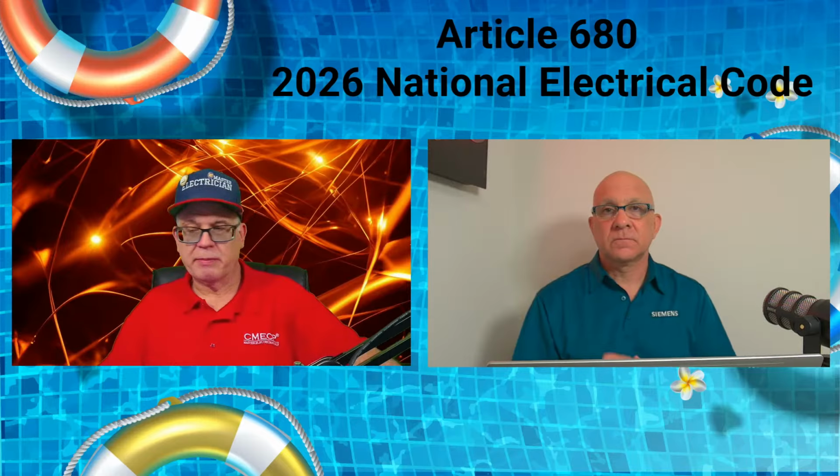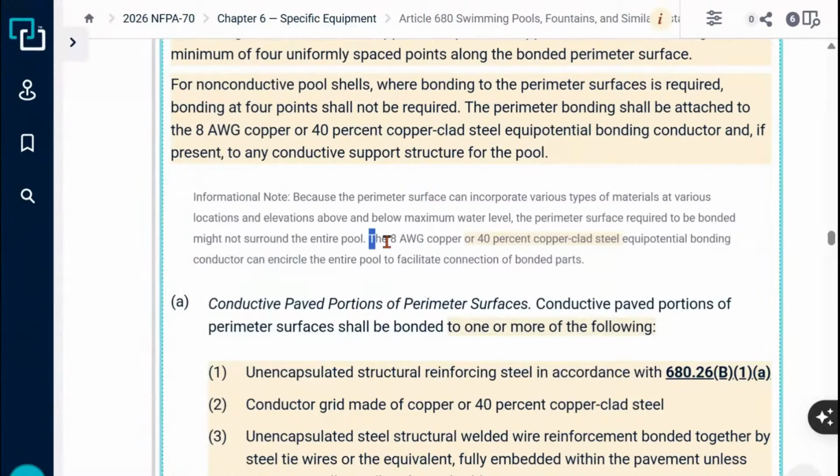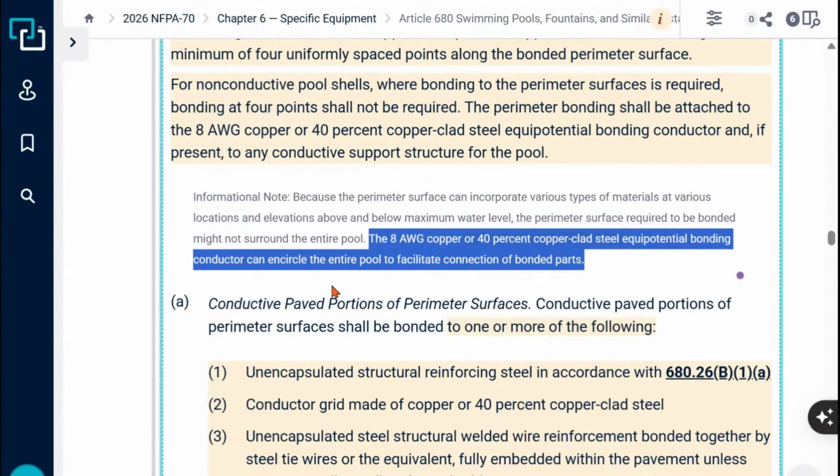And I would agree, because if you read the actual informational note down here, more importantly this portion down here, it says an 8 AWG copper or 40% copper clad steel equipotential bonding conductor can encircle the pool, and we saw that earlier, even if it's not part of the equipotential bonding grid, but to facilitate the connections of all the parts that we bonded.